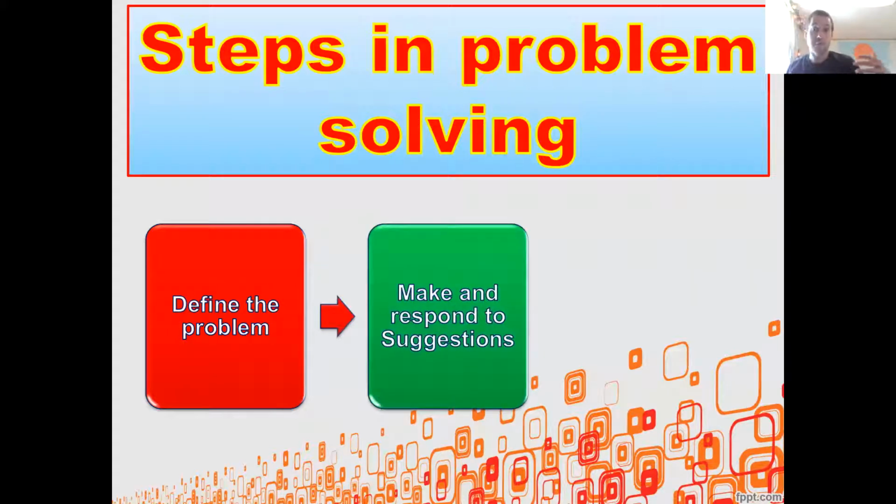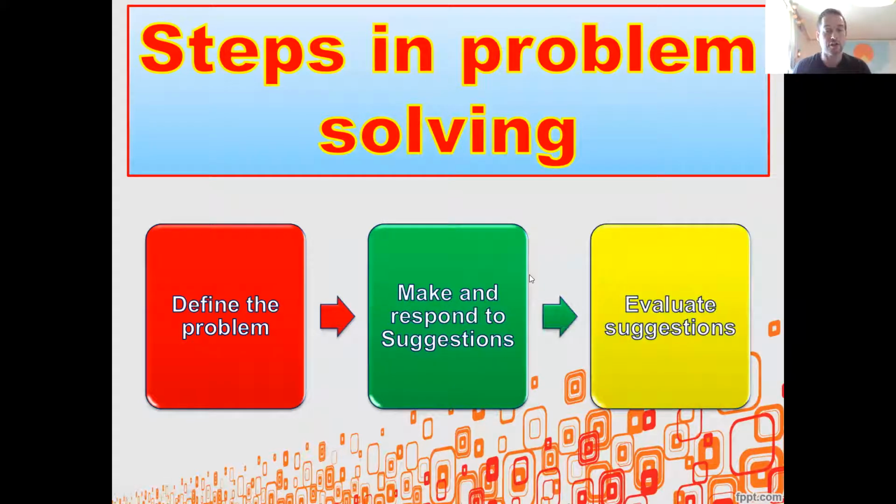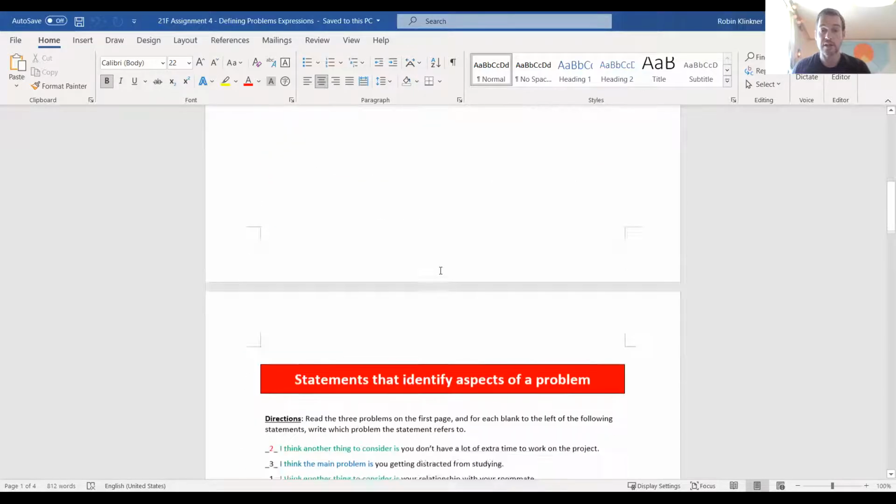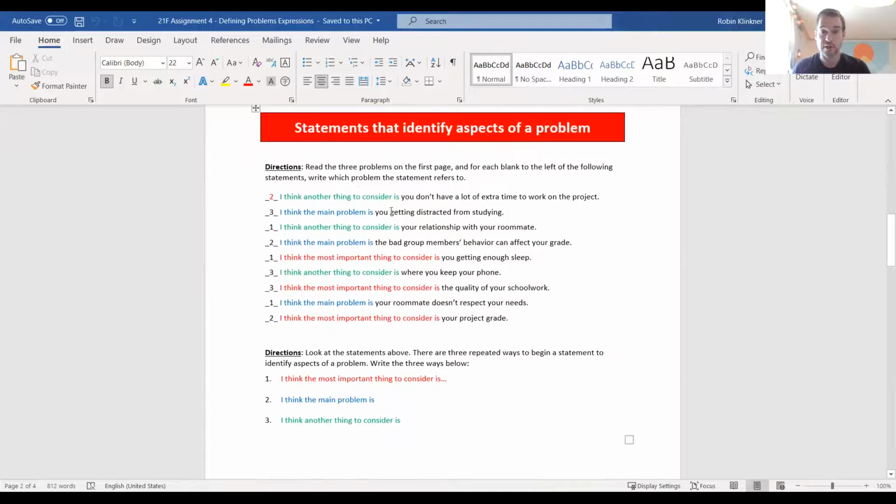Then make suggestions to solve the problem and then discuss those suggestions. Then evaluate the suggestions. Now, we have not talked about this yet, but defining the problem was part of the homework that was due today. These expressions, defining the problem.